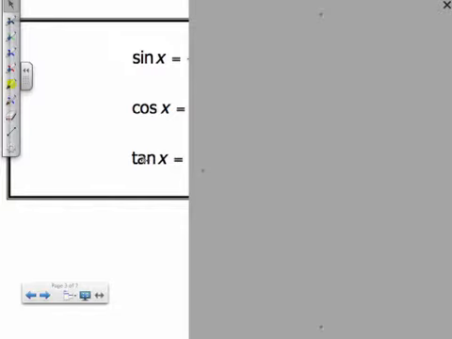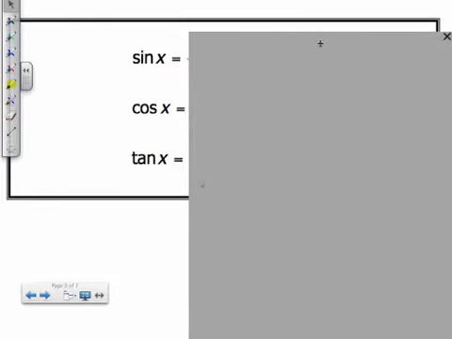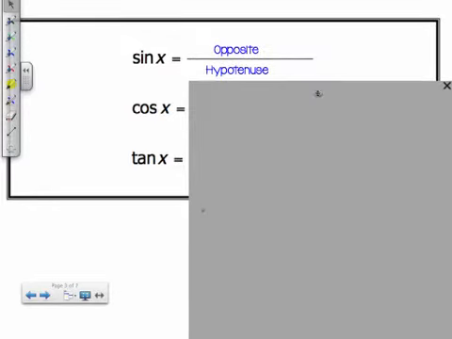One thing I want you to understand is that this is function notation, which you should be familiar with from the Algebra Common Core class. So it's not sine times x, it's sine of some particular angle, okay? The sine of any angle in a right triangle will always be the opposite over the hypotenuse.